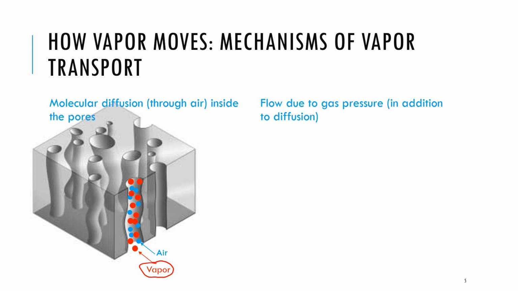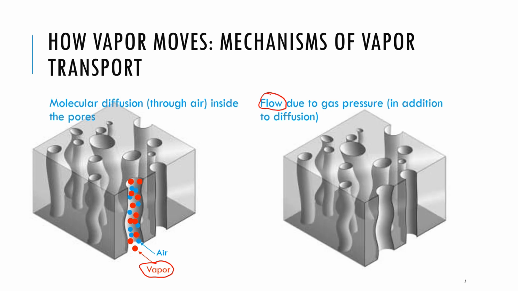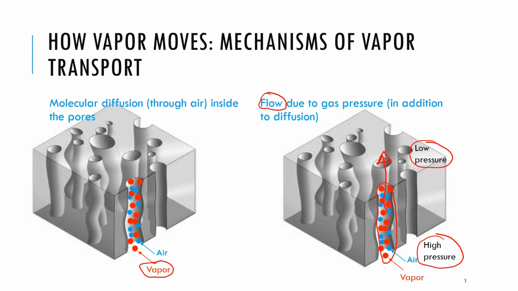So that's one way vapor can move inside the porous medium. The other one would be just flow. Inside the porous medium where you have vapor and air, because of pressure gradients, the vapor and air together can simply flow, and that would be the other mechanism for flow of gases or vapor in the porous medium.